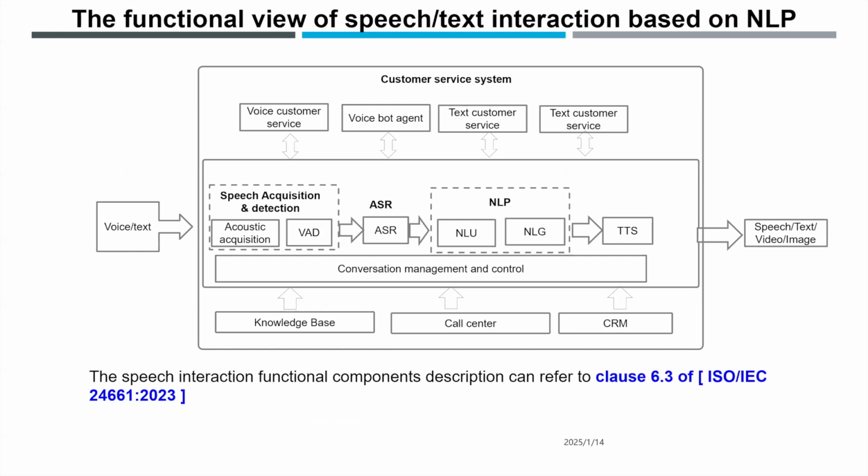I think it is a very traditional technology: how to recognize speech, translate speech to text, and then use NLP technology to understand the language and generate the response. I think we already have some standards, here 24661.